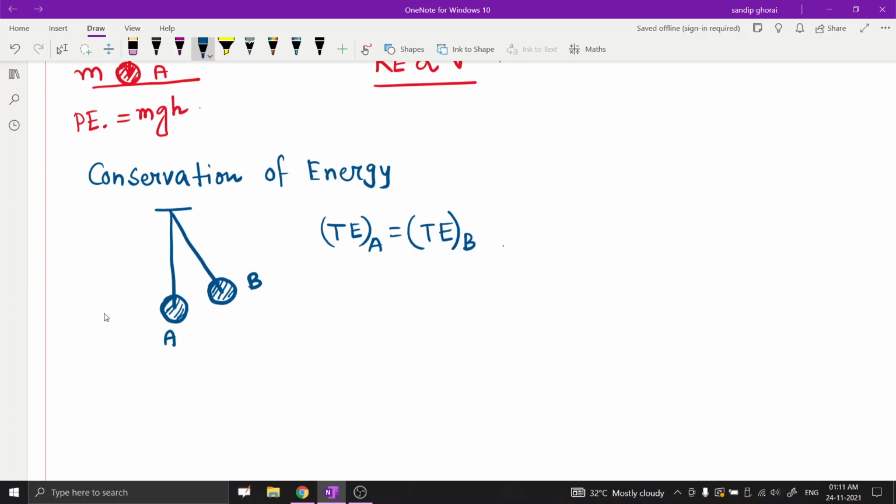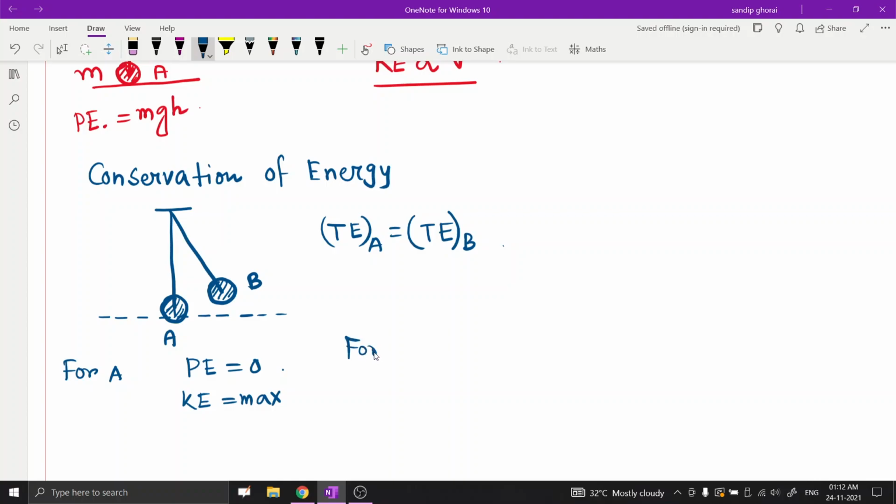If we take A point as ground, then for A, potential energy is equal to 0 and KE is maximum, and the sum of energy is called total energy.